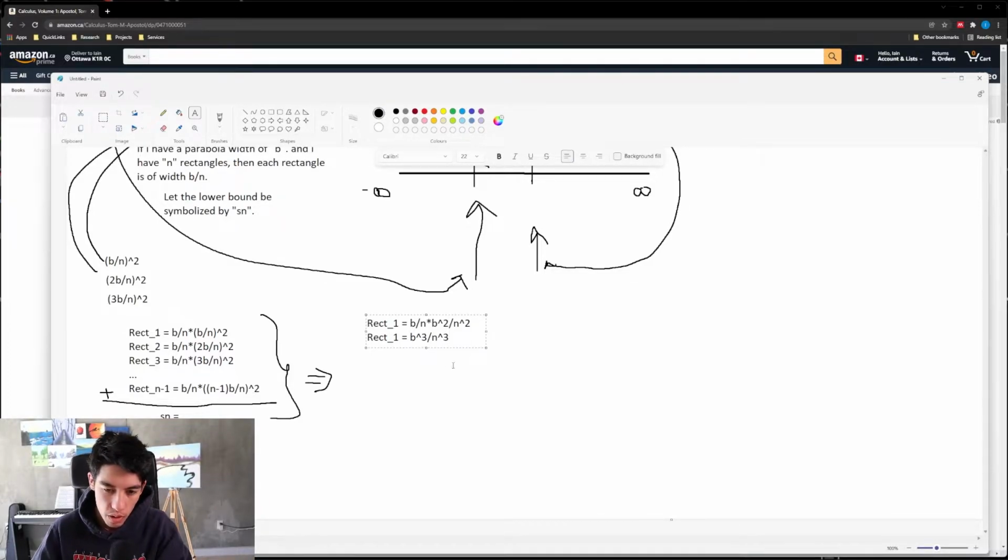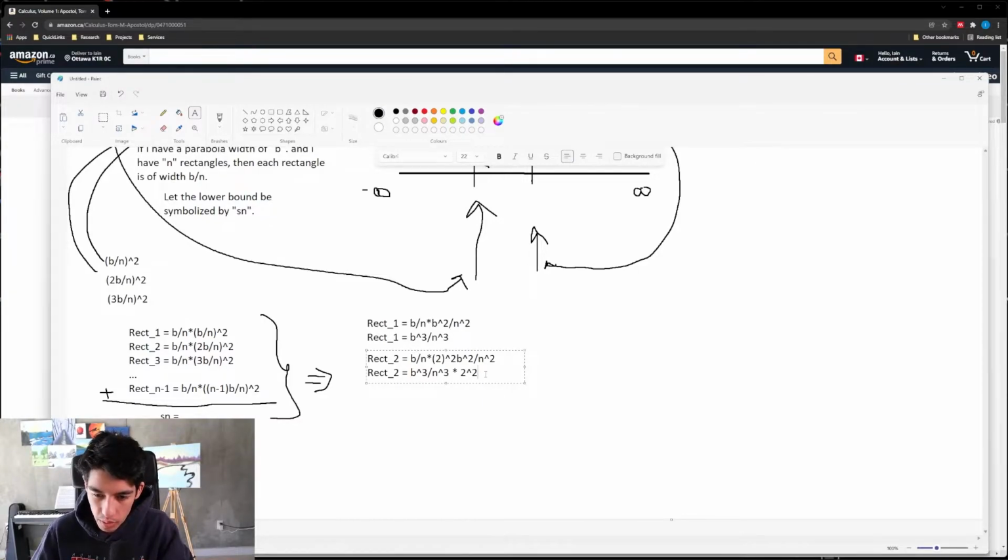If we do this for rectangle 2, it becomes b over n times 2 squared b squared over n squared, and then that simplifies to b cubed over n cubed multiplied by 2 squared.